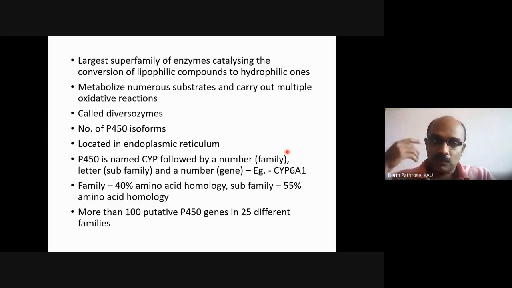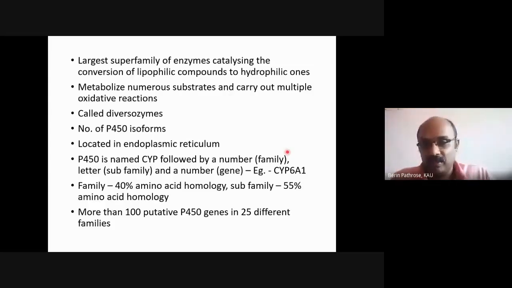So the next one, numerous substrates and all. Because of all these characters, this group of enzymes, mixed function oxidases, is also called diversozymes. And as I told you, there are different numbers of genes which express different kinds of enzymes.